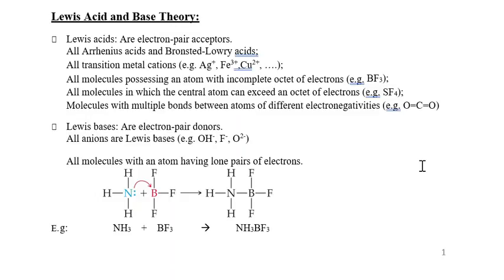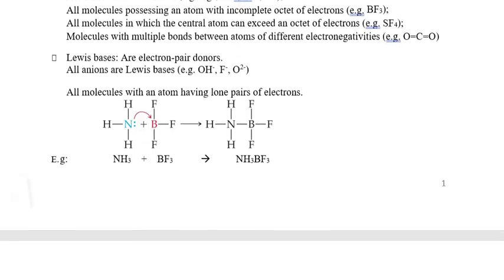The example down here is boron trifluoride. Boron trifluoride is a molecule, but it doesn't have a full set of electrons; it would be happy to have an octet and not just 6 electrons around it. So in that case, it is going to be the receiver of the pair of electrons.